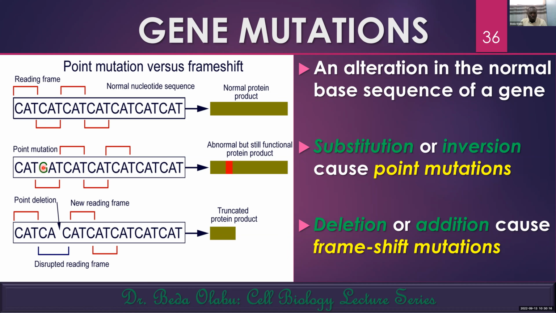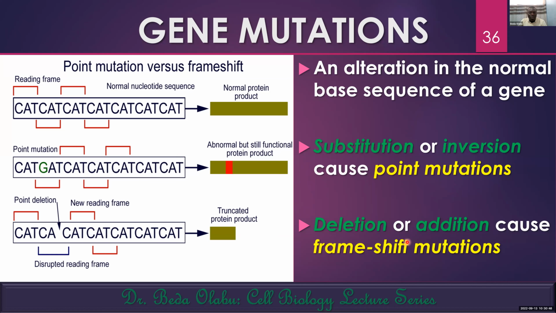What was in the complementary strand has come to this side, and what was on this side has gone to the complementary strand. That is inversion. Substitution is if you change the base pair completely. So instead of perhaps having G or C, you have A or T. That's a substitution. Either substitution or inversion gives you point mutations.